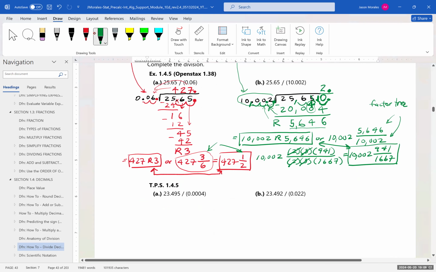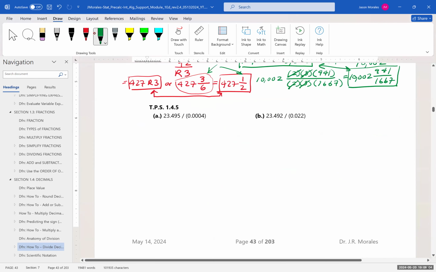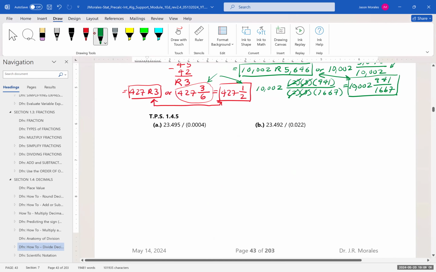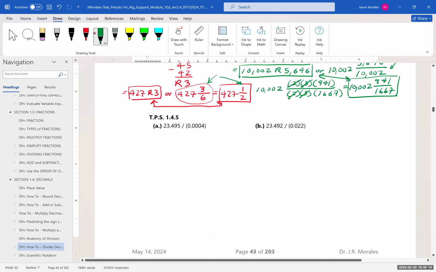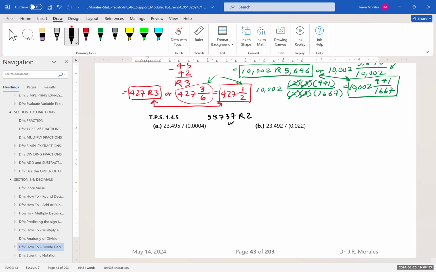So give that a try here with these two think, pair, share problems. I'll give you the answer for these so you'll know if you're doing it right. The first one should come out to 58,737 with a remainder of 2, or 58,737 and 1/2.